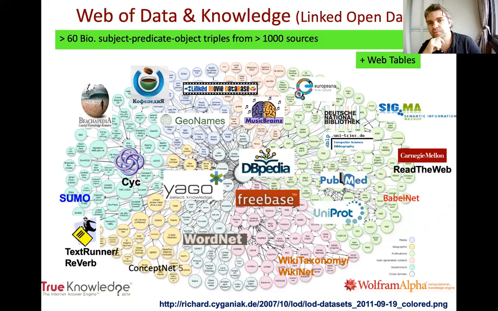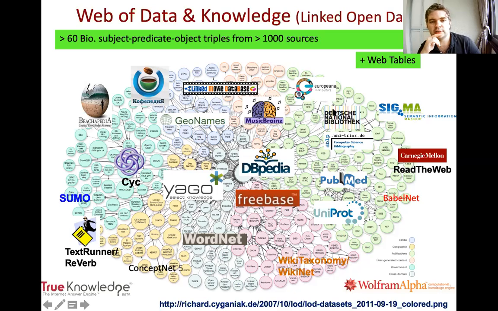So the web of data and knowledge is like linked open data. Many knowledge graphs get put together, and this is a concept that has all the things put together. You can go to the link here at the bottom, and then you can choose this.